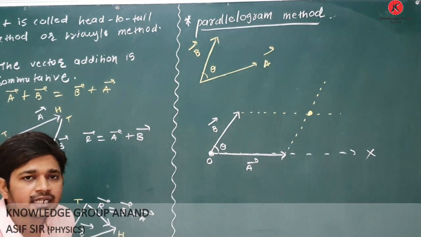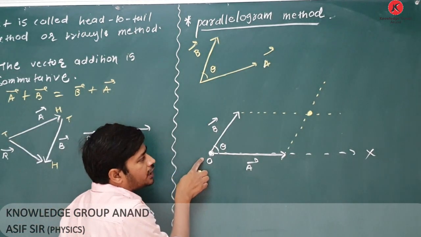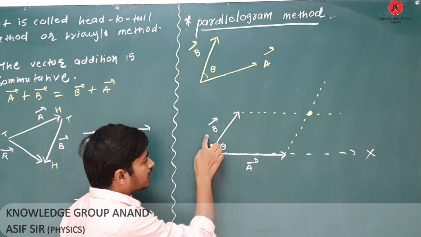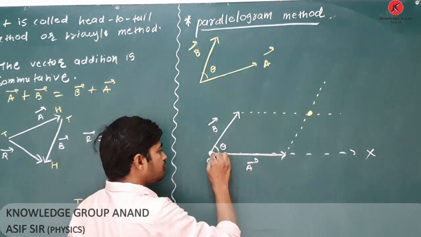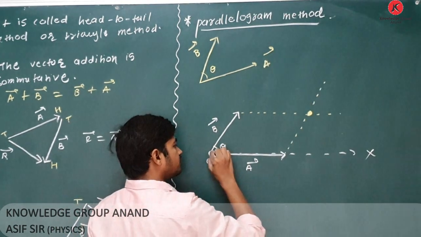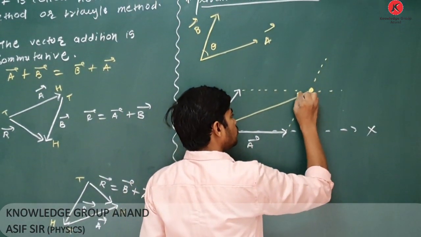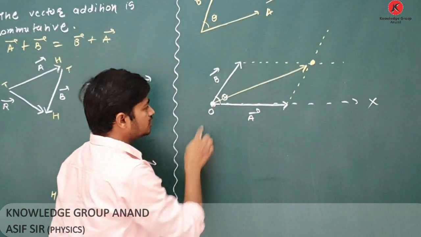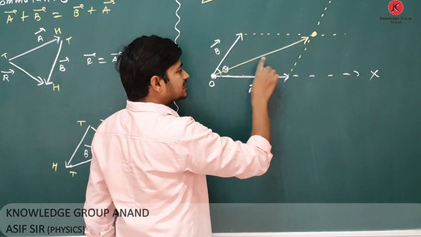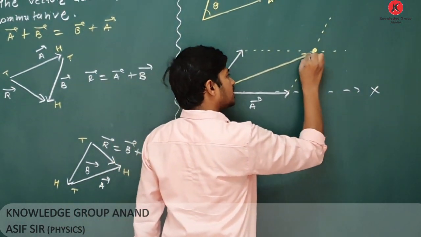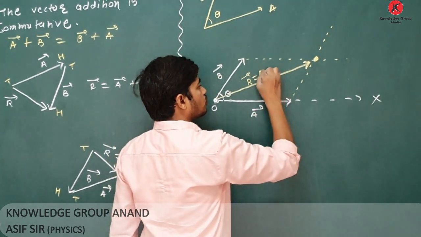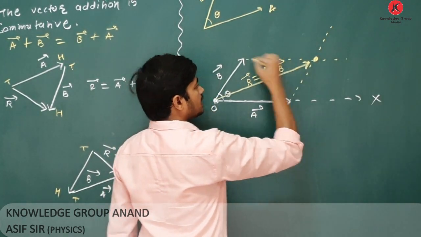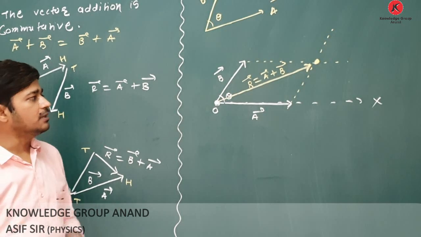If you connect this intersection with the common point from which the two vectors are drawn, then this vector gives their vector addition. R is equal to A plus B.